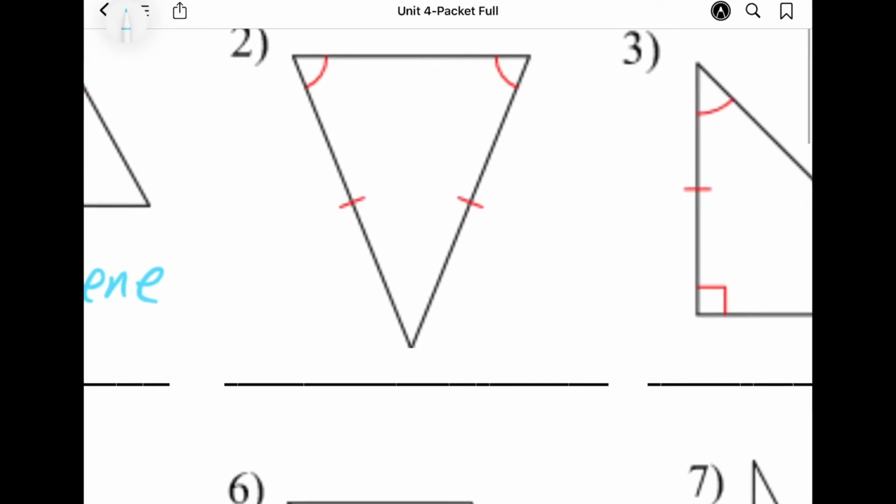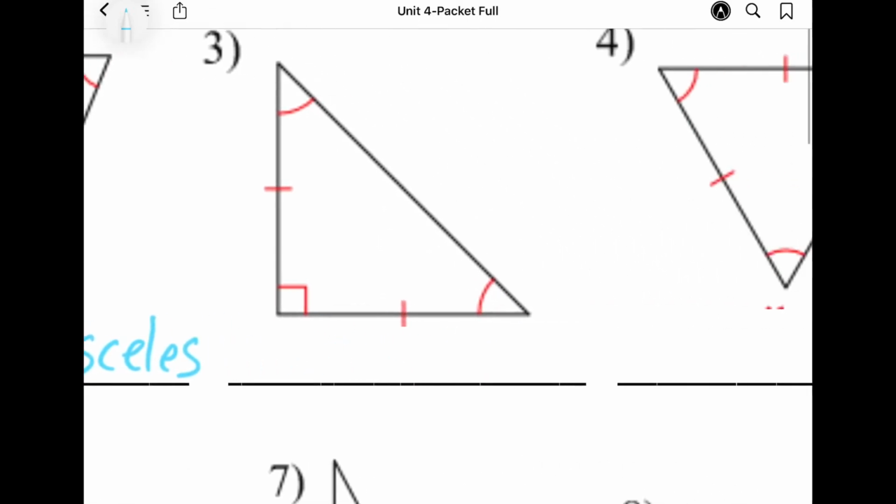Number 2 should be an acute and isosceles triangle. Number 3 should be a right and an isosceles.